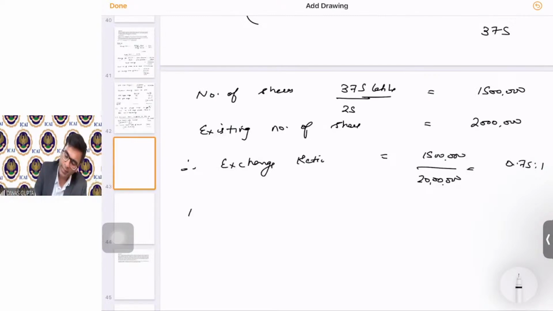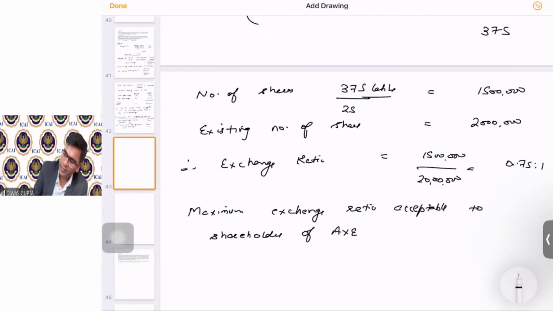Hence the maximum exchange ratio acceptable to shareholders of X Limited is 0.75.